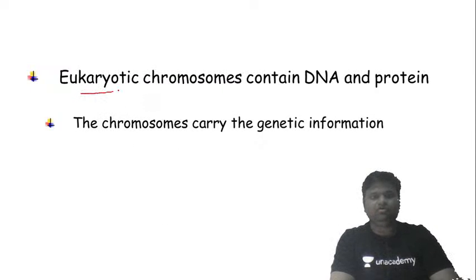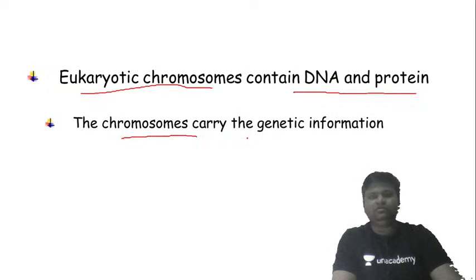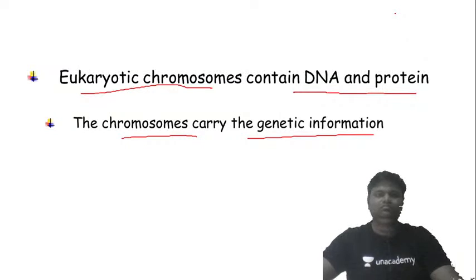This genetic information needs to be passed from one generation to another, and that is where cell division comes into play, leading to the distribution of the genetic material into the progeny from the parent cell.